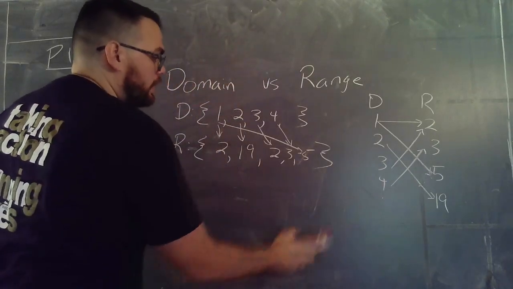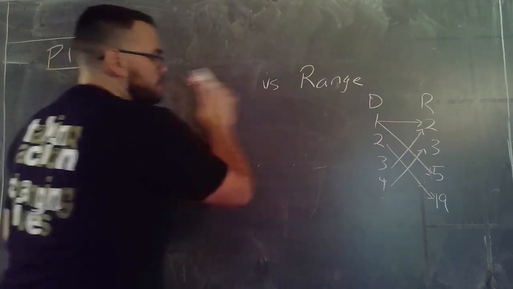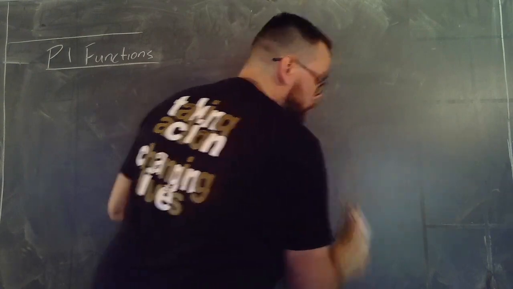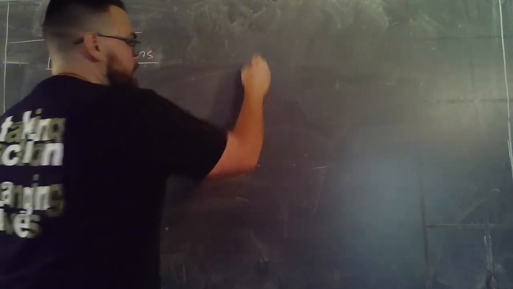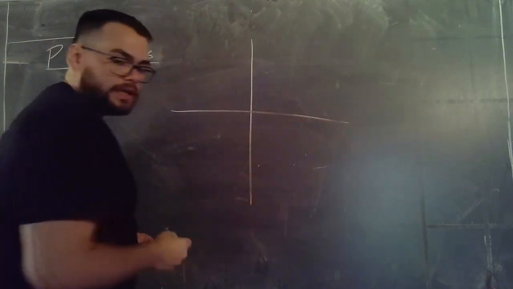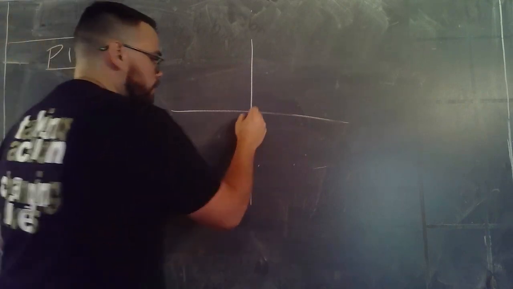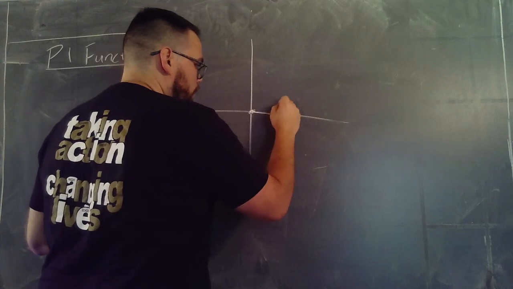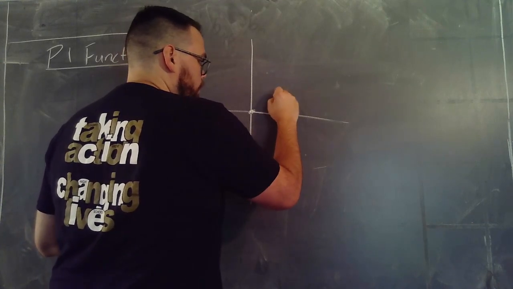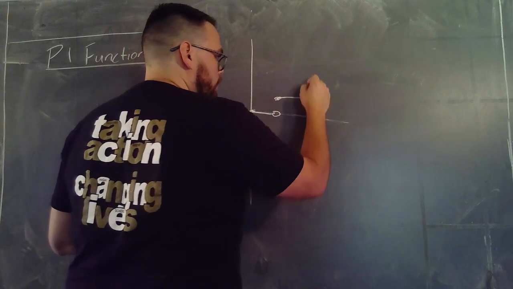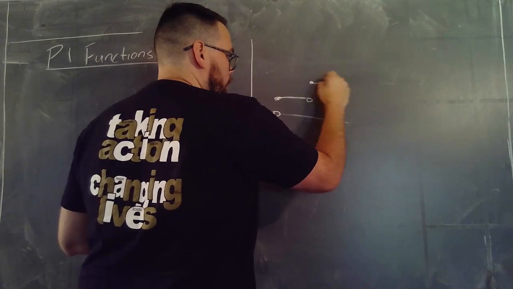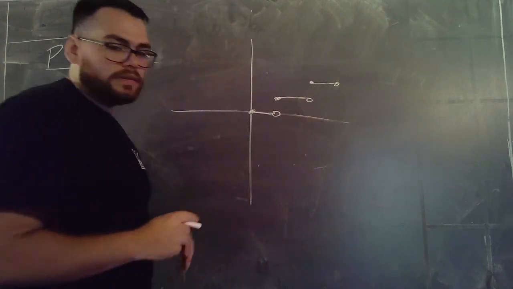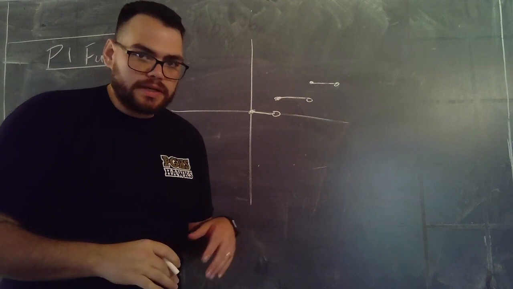One of the more common functions that does not seem like it should be is called a step function. Let's actually look at a graph real quick. So this is part of what we call a step function.